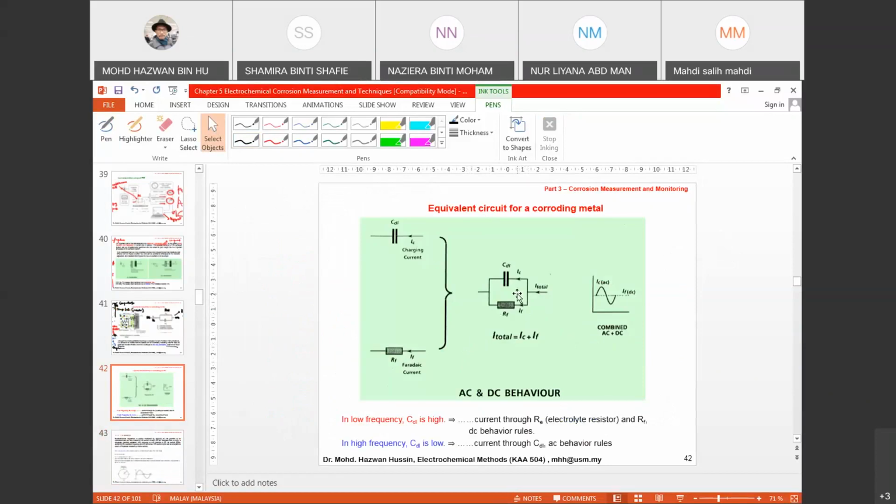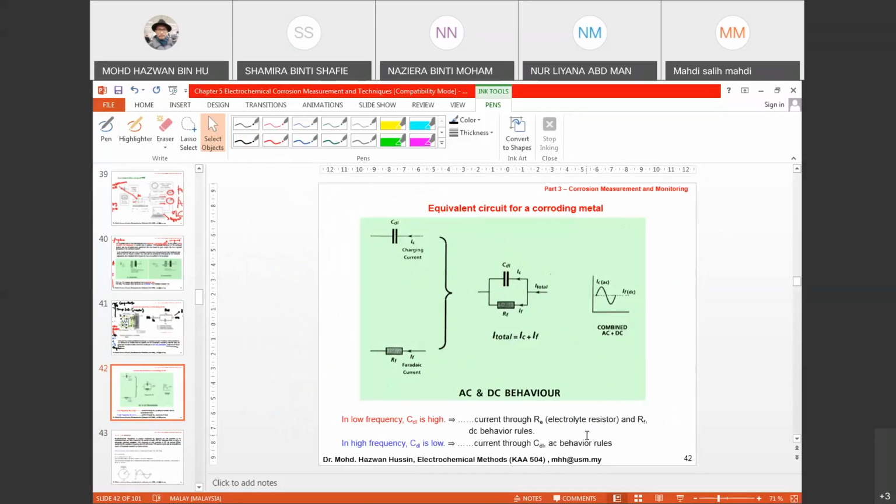So the equivalent circuit for a corroding metal, you will have a double layer and also charge transfer. So this is to relate the AC and also DC behavior.